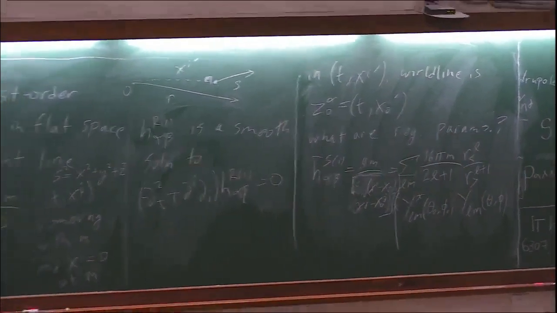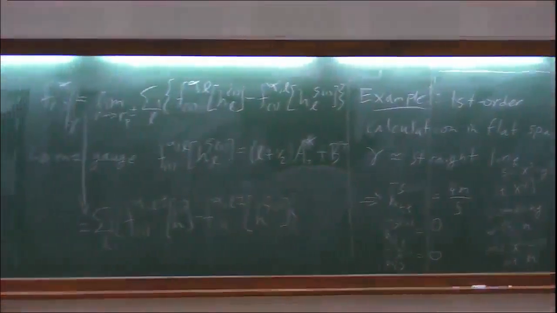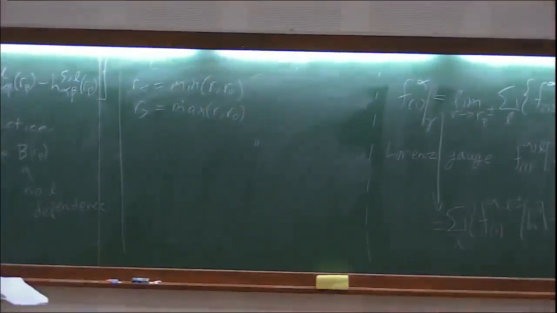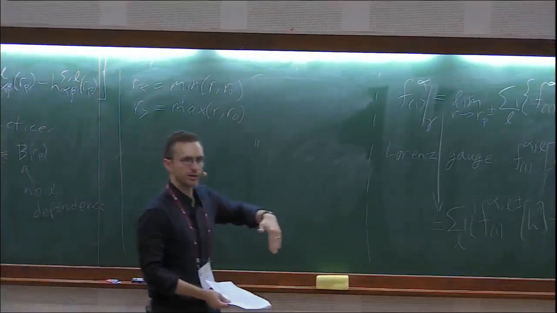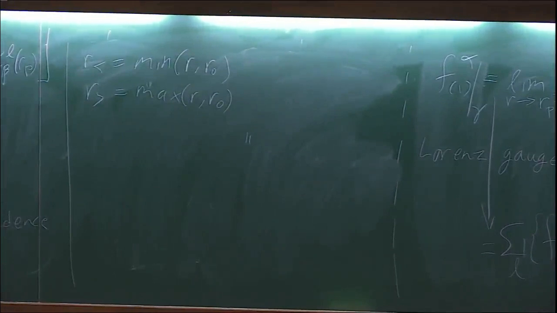But now, if you actually go to the world line where r is equal to r naught, then you don't have any suppression with L. On the world line, this will become just 1 over r naught. So it doesn't get smaller with L.